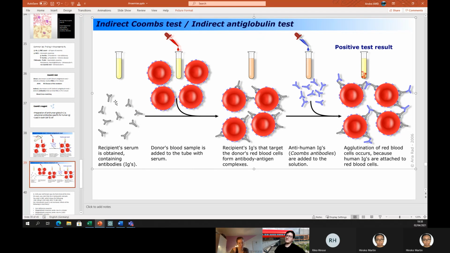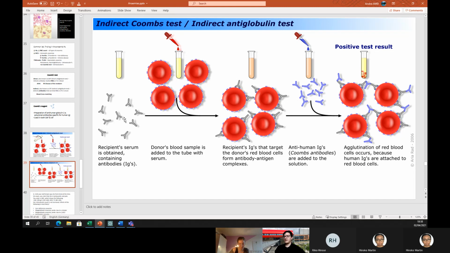So let's just say that I need a transfusion, right? And there's, for example, Rico here, that wants to give me blood. They will take my blood, separate it, get the serum. In the serum, there's antibodies.